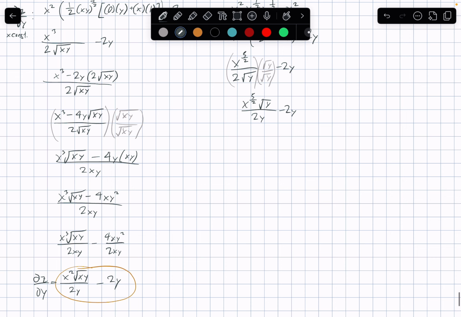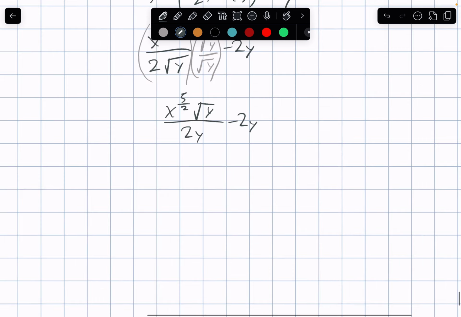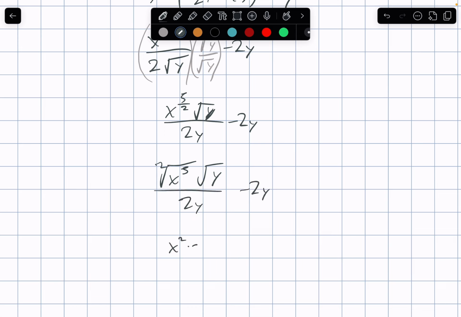Do we have a similar, okay, wait, we can turn this further into x raised to 5 and then 2, right?